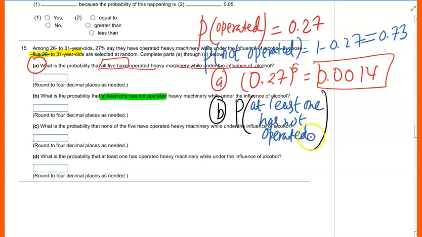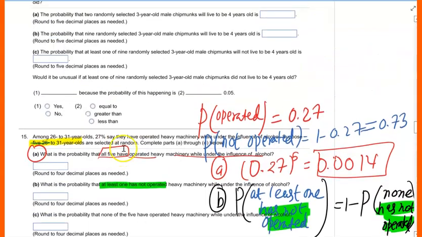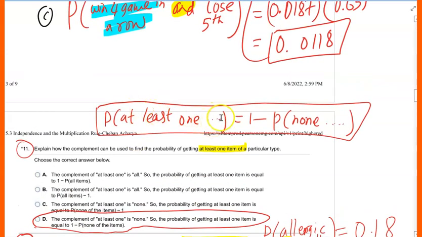At least one is going to be 1 minus the probability of none has not operated. Notice that at least one has not operated means none has not operated. You guys remember that from question number 11? At least one has not operated equals 1 minus the probability of none has not operated.